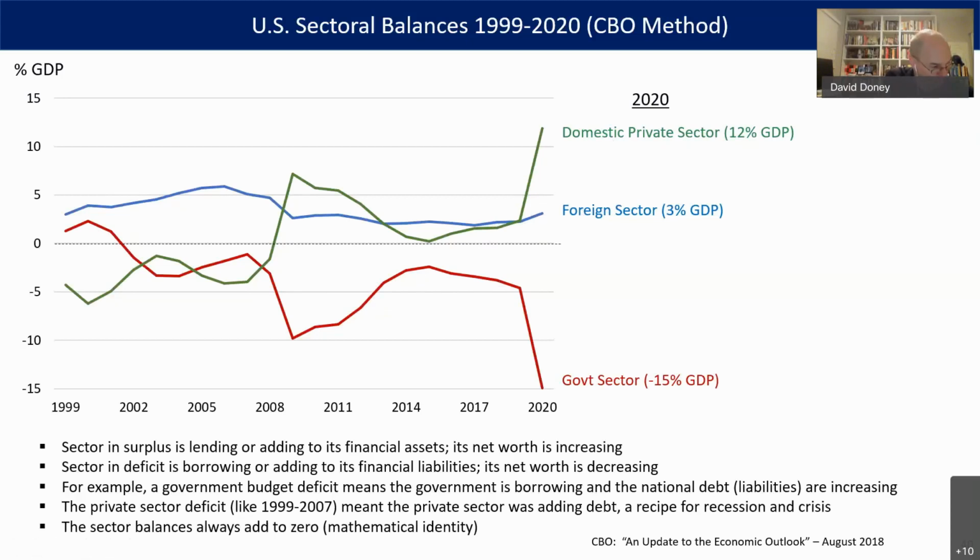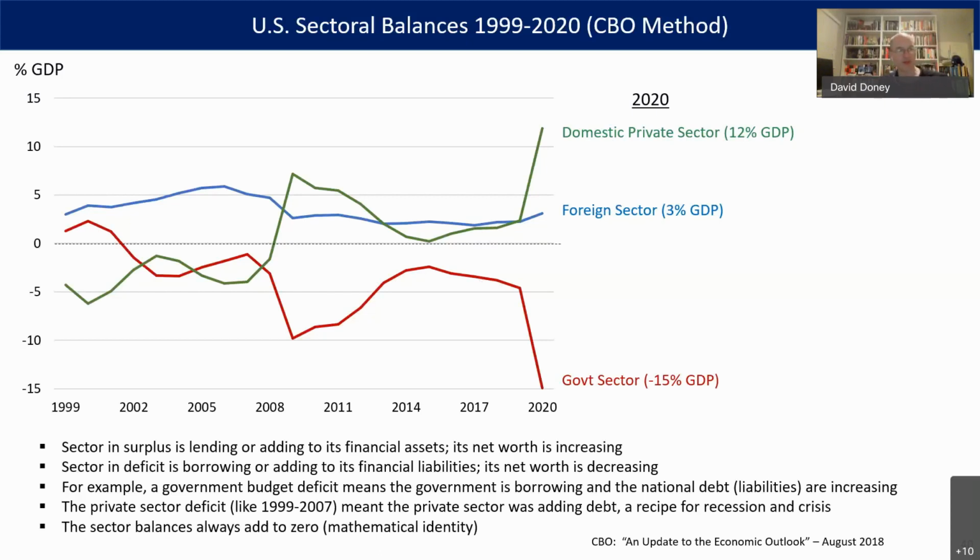Because they always have to add to 0, right? So if you've got a foreign sector plus 3, domestic sector plus 1, you're going to have a government sector minus 4 so that the equality is 0. Does that make sense? Do you follow that math?